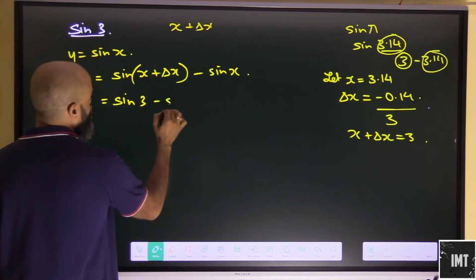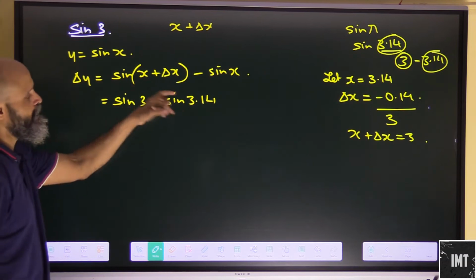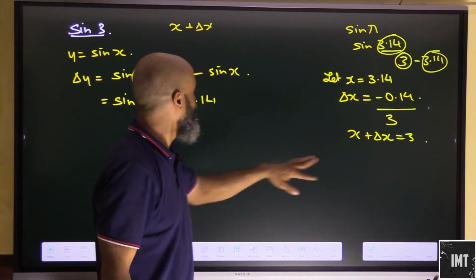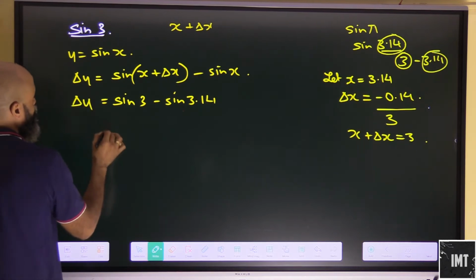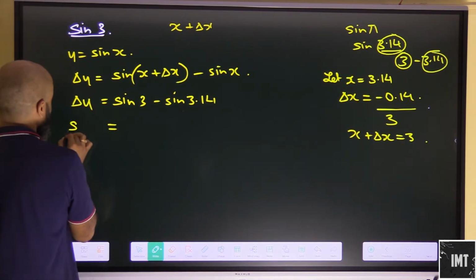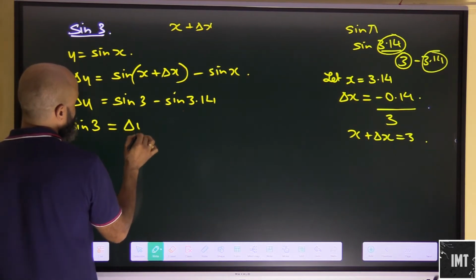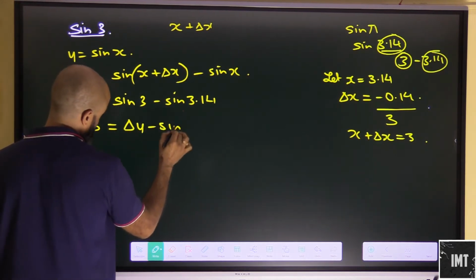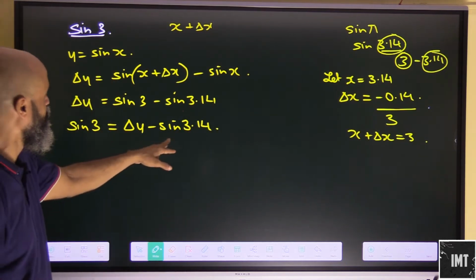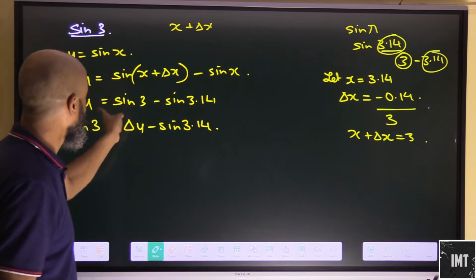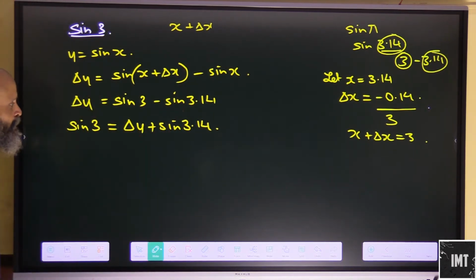So delta y is sine of x plus delta x minus sine of x, that is sine 3 minus sine 3.14. So the value of sine 3 is equal to delta y plus sine 3.14.